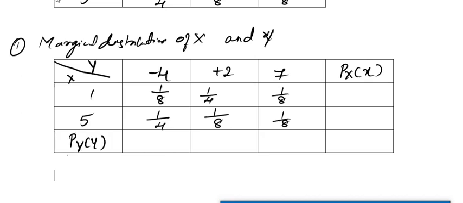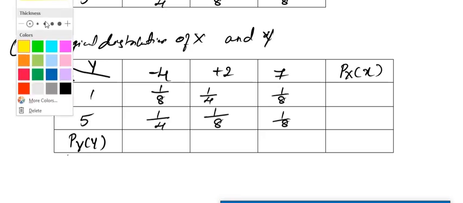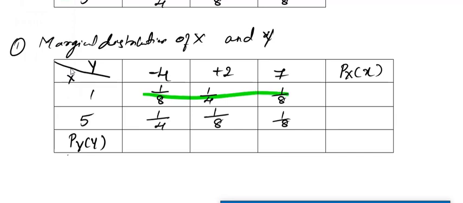You are supposed to add the values because it is a summation. Start adding all these values, and when you add it up, the answer will be 1 by 2. Similarly, start adding all these values, and your answer will be 1 by 2. You can cross verify it.